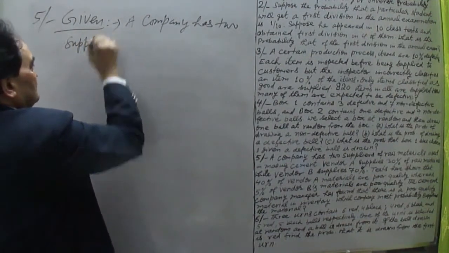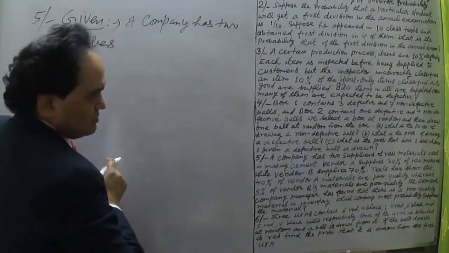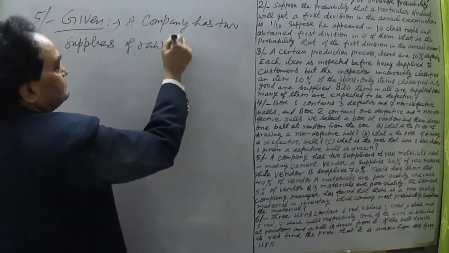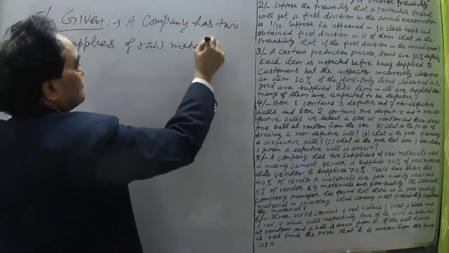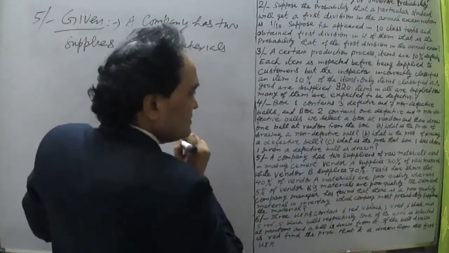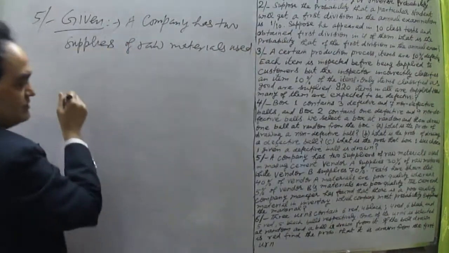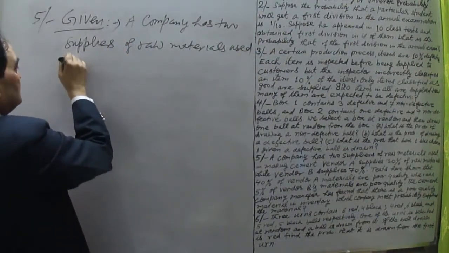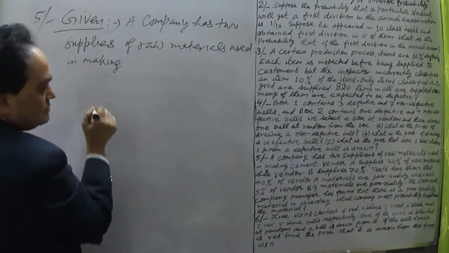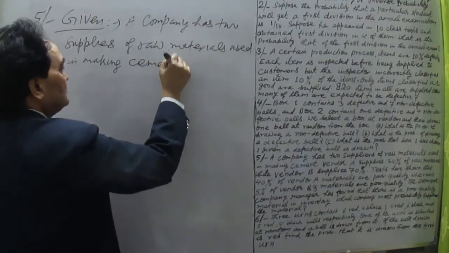The company has two suppliers of raw material, raw materials used in making cement.